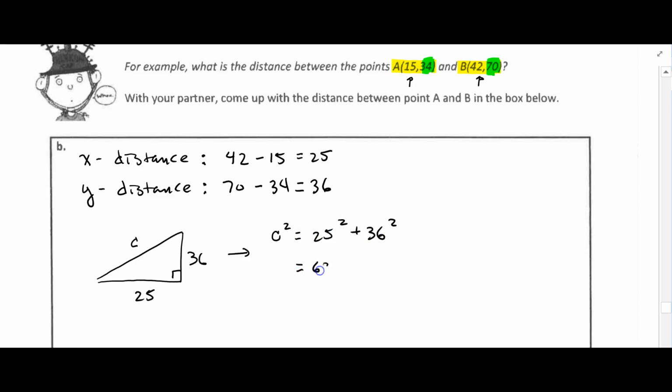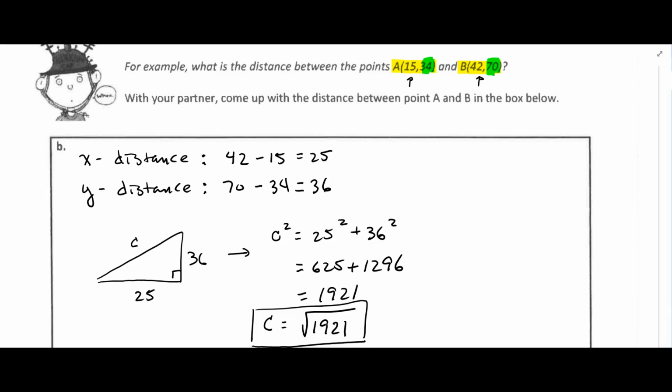So that's 729 plus 1296, and that's 2025. I'll take the square root of both sides. So c is equal to the square root of 2025. You should check to see if this simplifies.